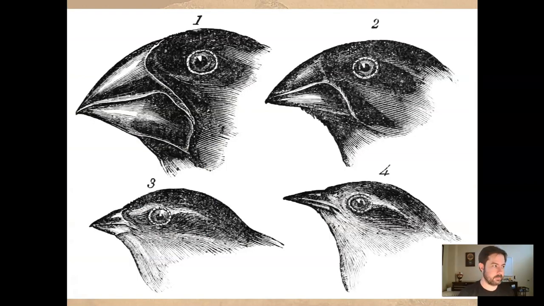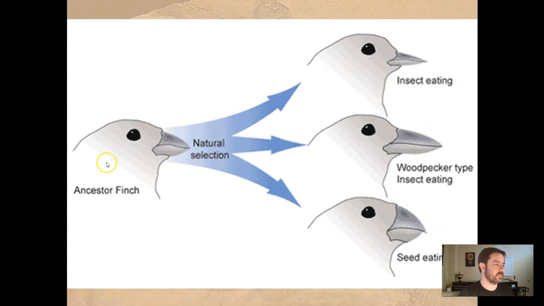One aspect of how he stumbled upon it was finches. So looking at a finch, which is a type of bird, and noticing that some of the different finches, while very similar in nature, had beaks that were a little bit different. Why is that the case? Well, even though these finches are all finches, they look a little bit different because they evolved. There was some ancestor finch, and depending on where these finches migrated and found themselves, there were different food sources.